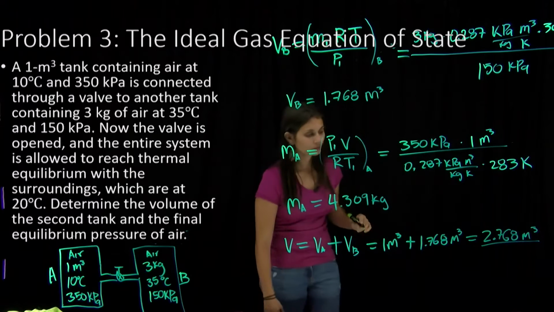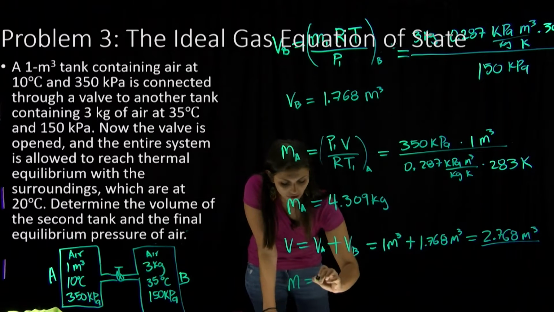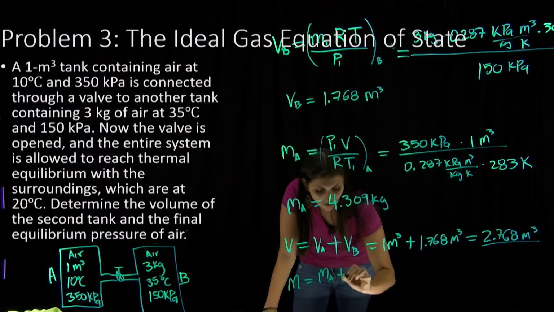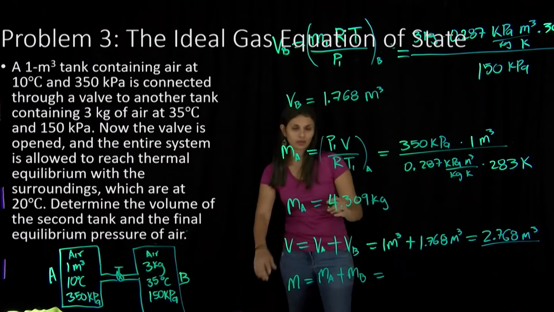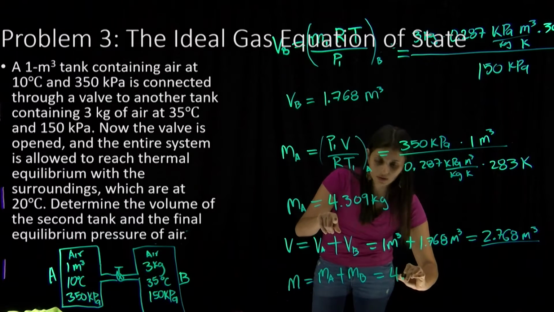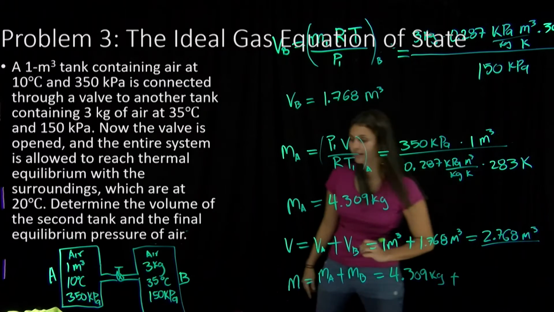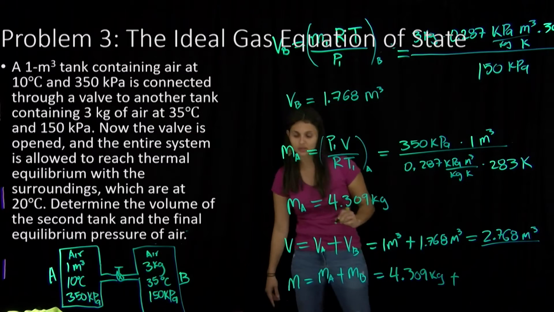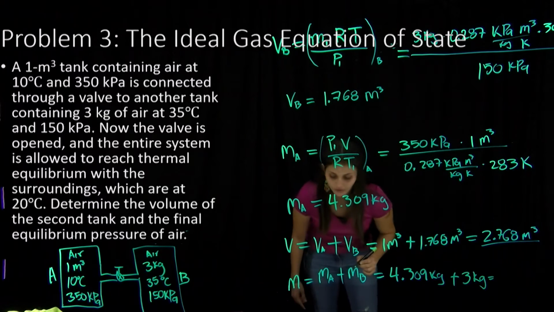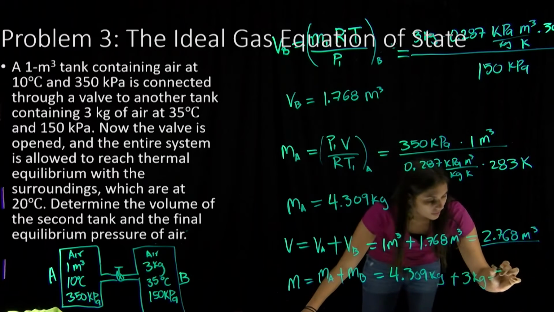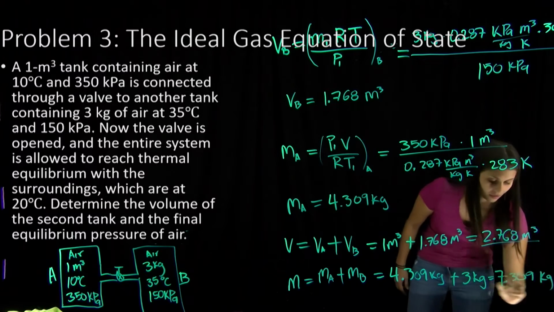Okay, so that's the volume of the entire system. The total mass will be the mass of tank A plus the mass of tank B. We determined the mass in tank A to be 4.309 kilograms, and the mass of tank B is 3 kilograms. In that case, the total mass is 7.309 kilograms.